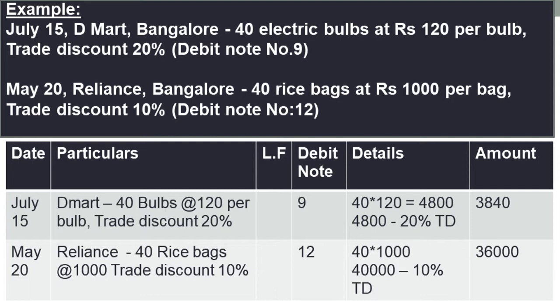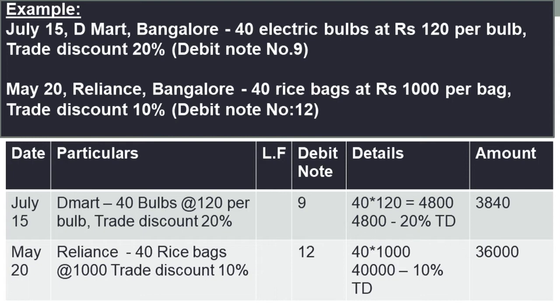For this transaction, we will mention the transaction date in the date column, that is May 20, and in the particulars column we'll mention the seller's name along with the product details. That includes product quantity and price details. Also the trade discount that we have received for this transaction.